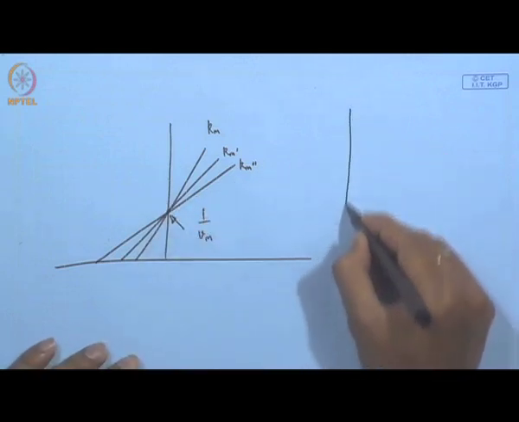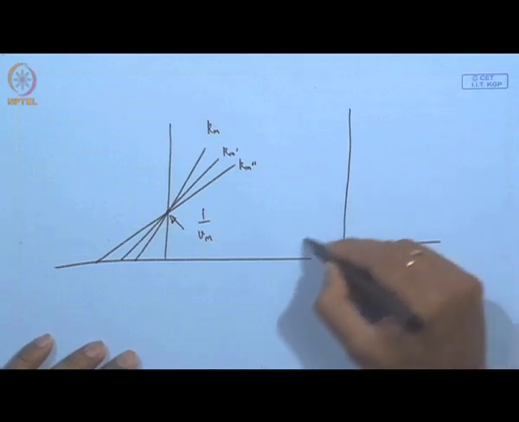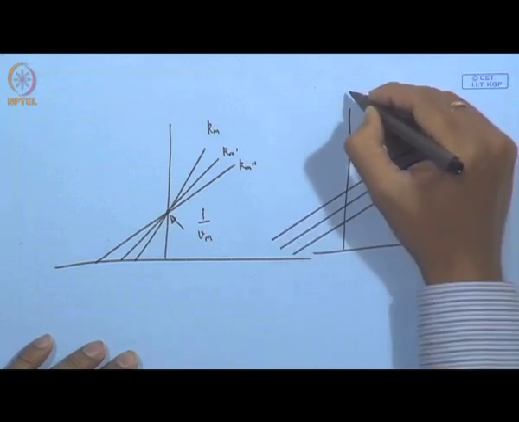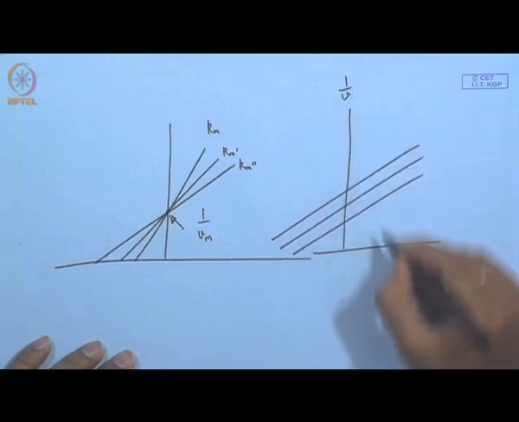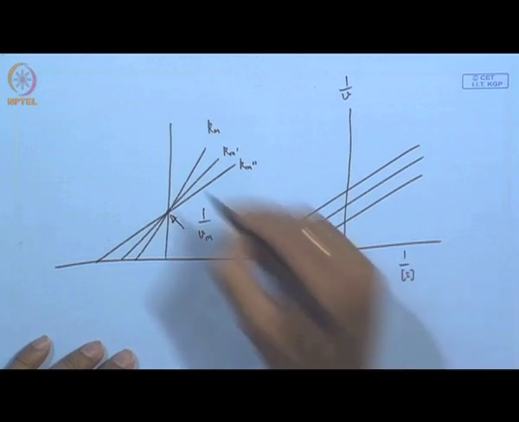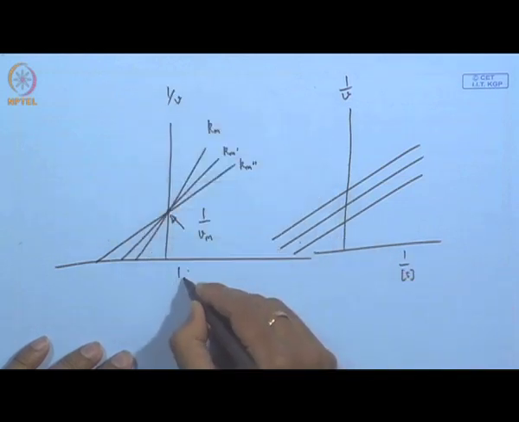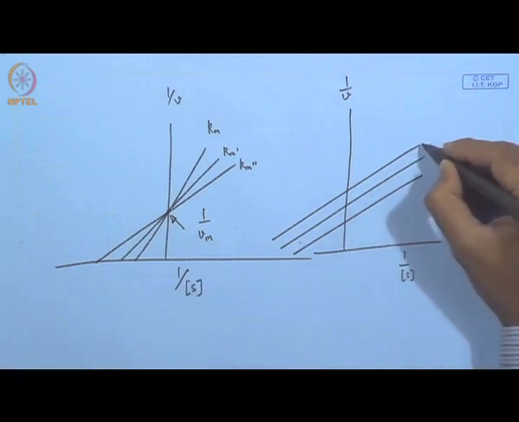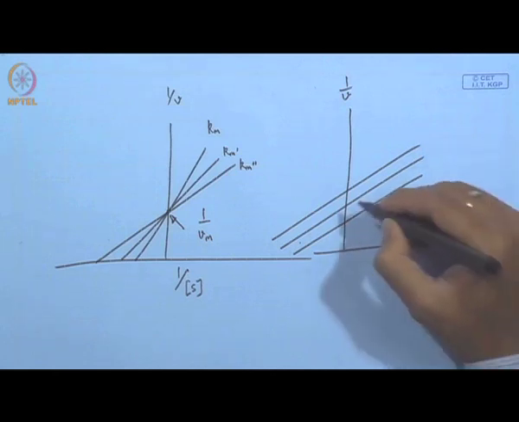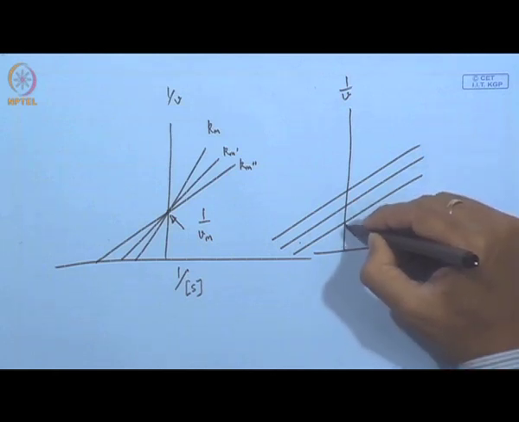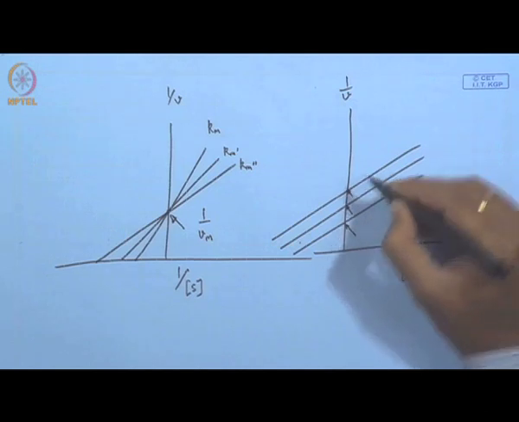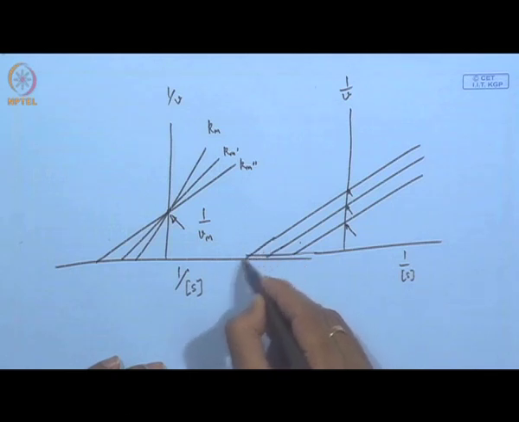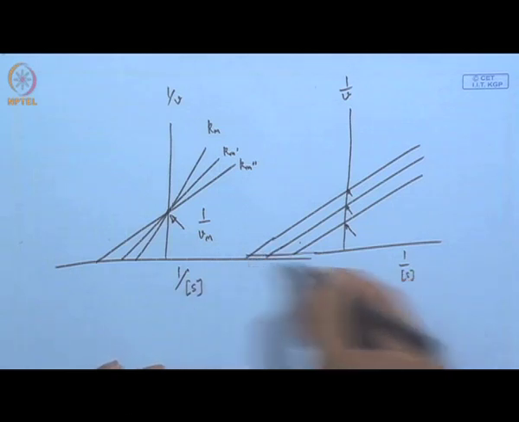Now, in another situation, say you have different graphs like this. This is your 1 by V and this is your 1 by S. That means your Km by V max is the same, but your intercept is changing. Here it is less, this is a little more, this is more, and as a result this side is going further.